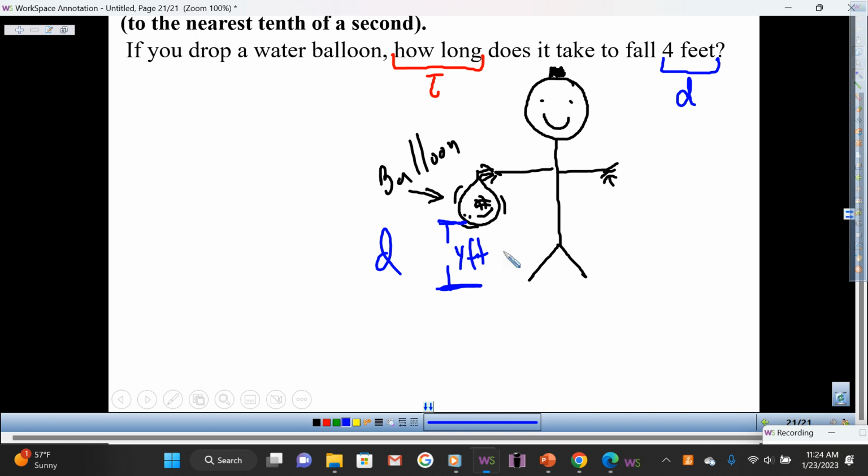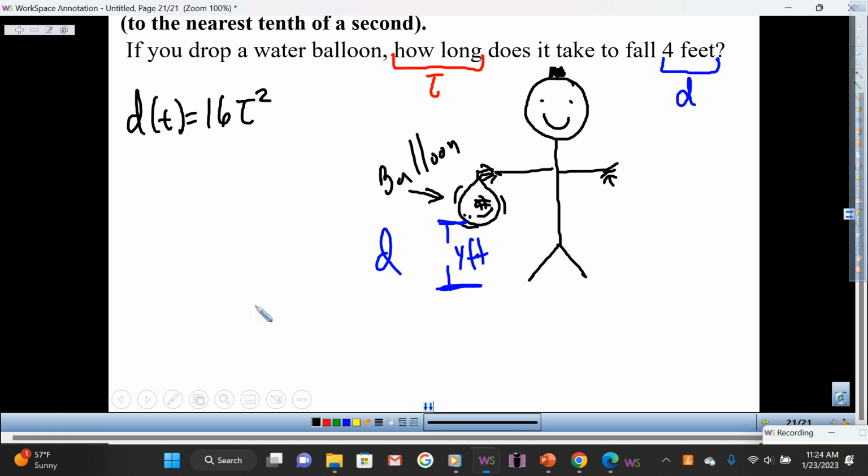Look at your formulas. Which formula shall we use for this situation? Tell your neighbor, please. Which formula shall we use? All right. Juan, which formula? Go. D of t, very good, equals 16 t squared.